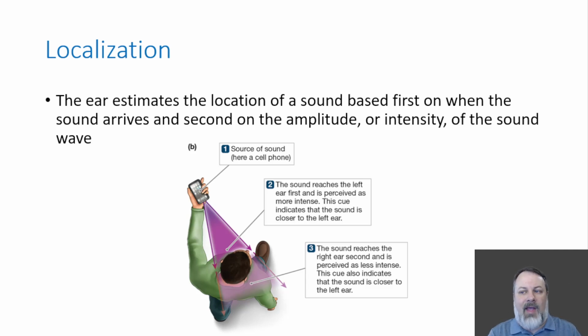Also, when that sound is coming to you from one side, it has to travel through your head. And so the quality of the sound on the opposite side will be slightly degraded compared to the sound coming from the original source. So through a combination of the delay from one ear to the next and the degradation in sound quality as it travels through your head before it interacts with the next ear, your brain can determine where the sound was coming from.